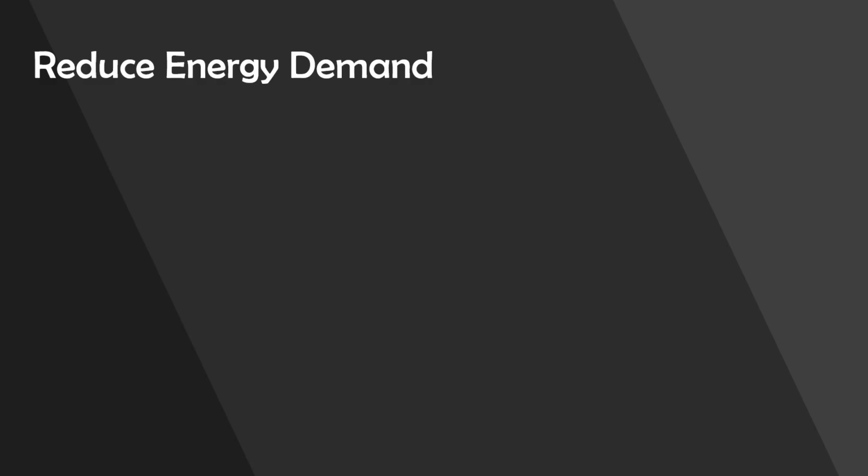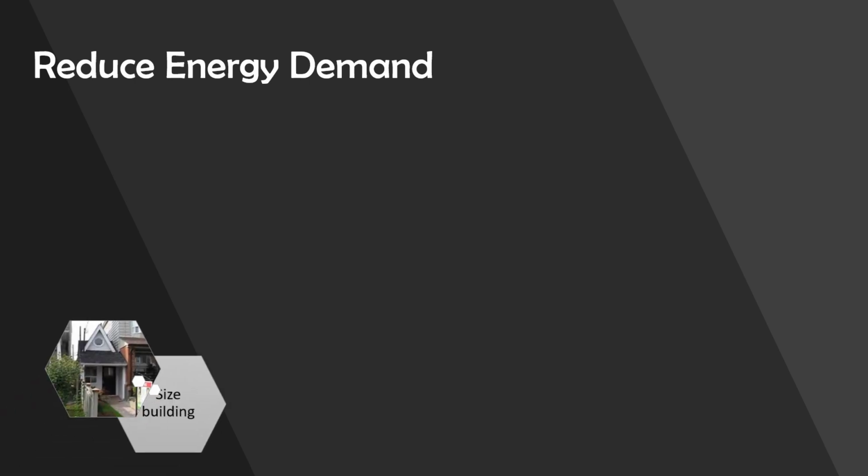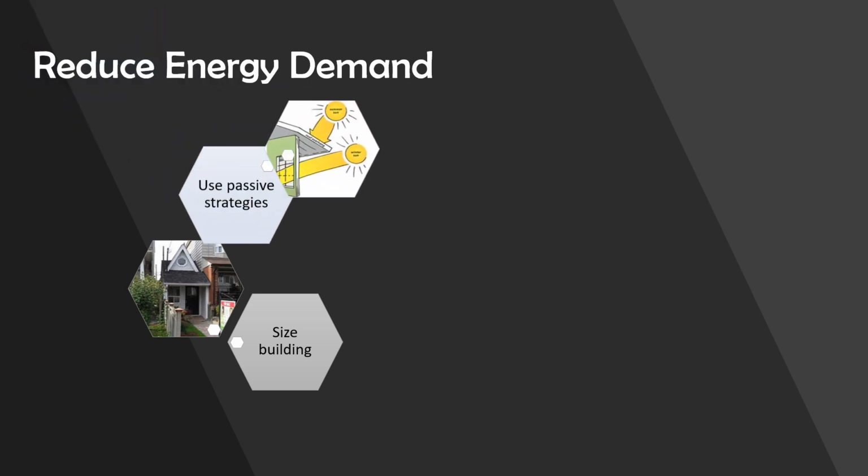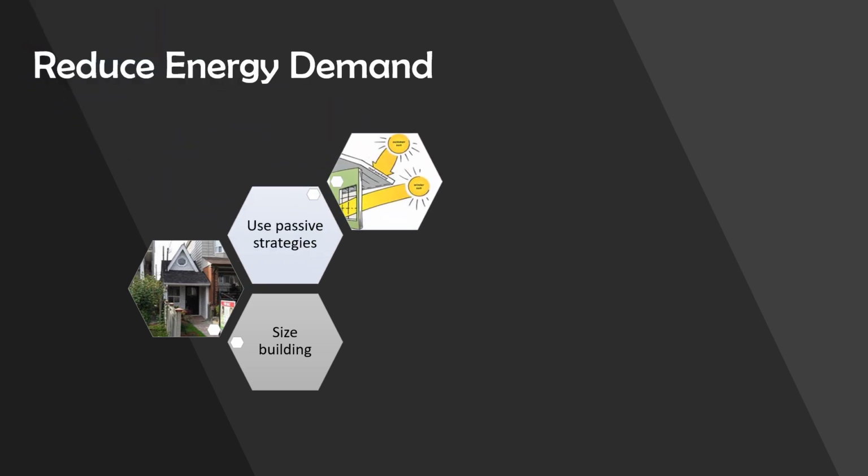Well, what are some of the strategies that will help you reduce energy demand? You can, first of all, size the building no larger than needed. That is the best way to minimize energy and environmental impact. You can use passive strategies. Configure your building to minimize solar gain in the summer and maximize it in the winter. You can also maximize natural lighting and natural heating.